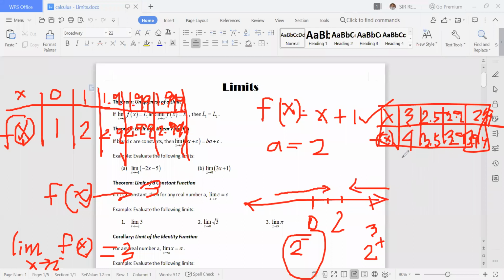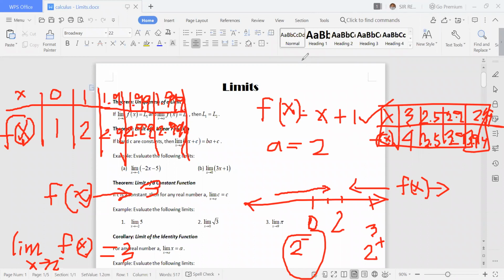And obviously, as you pick values from the right hand side of 2, you observe that your f of x tends to approach a certain number. And in this case, it is approaching to, wait.